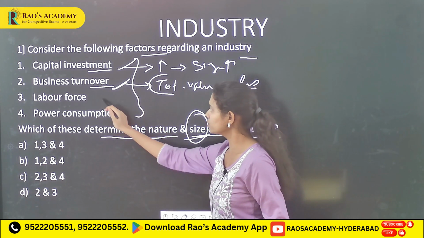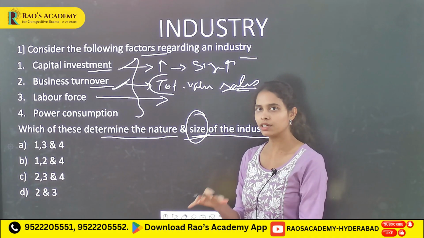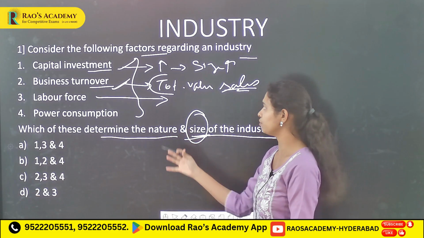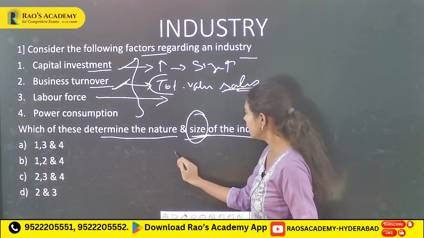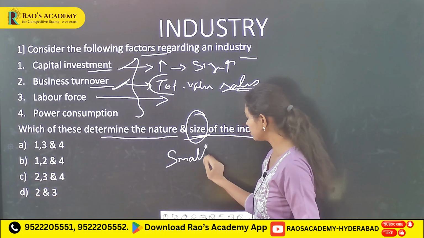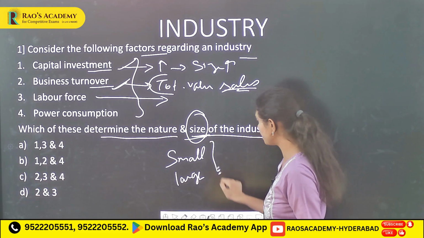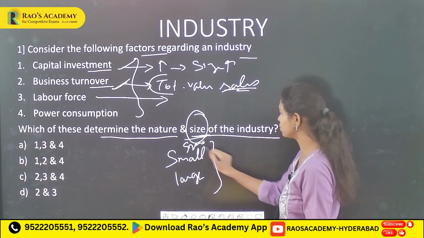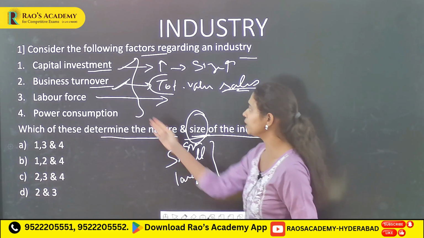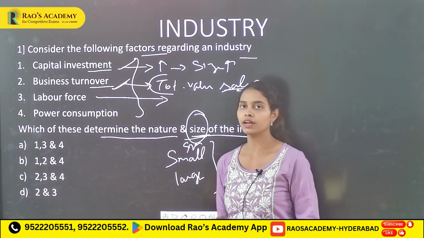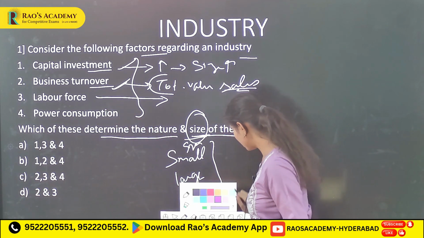If you see here the labor force, depending upon the size of the industry we are going to determine the labor force, or fix the labor force. For example, whether it is a small scale industry or a large scale industry, depending on the size of the industry we determine the labor force, but not on the basis of the number of labor force.